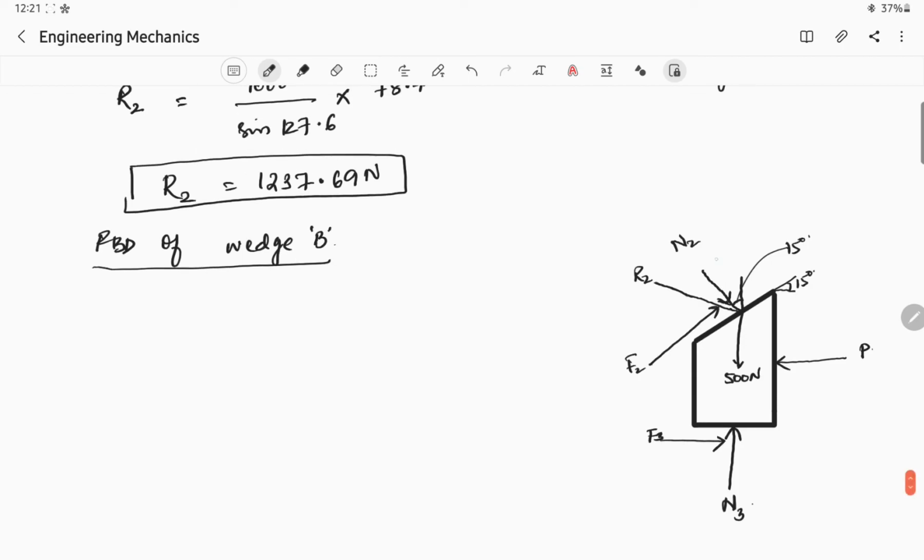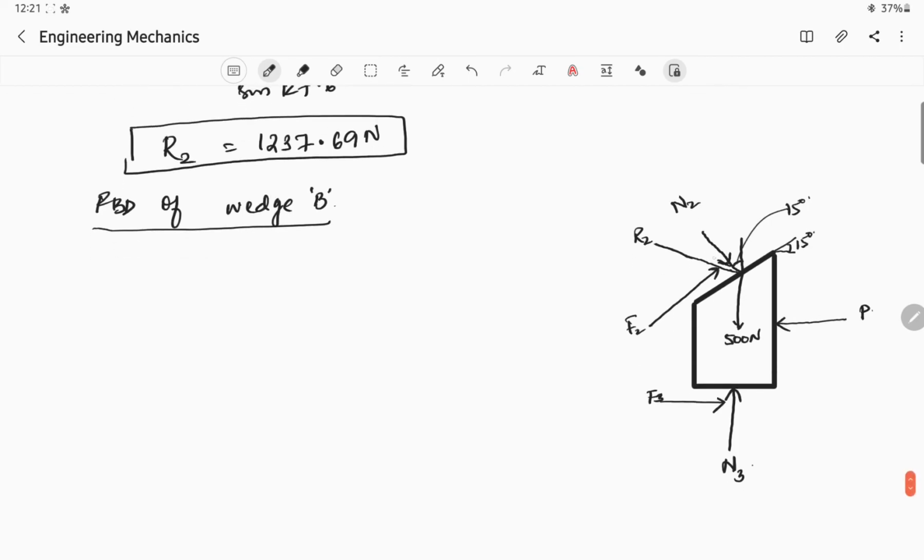Okay, and this angle we have as 11.3 degrees. So the total angle from R2 to the y-axis will be 26.3 degrees.